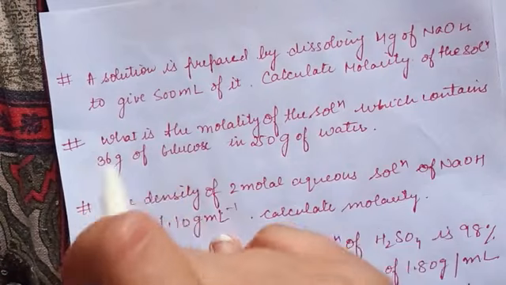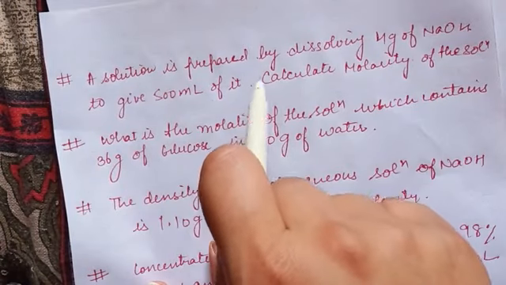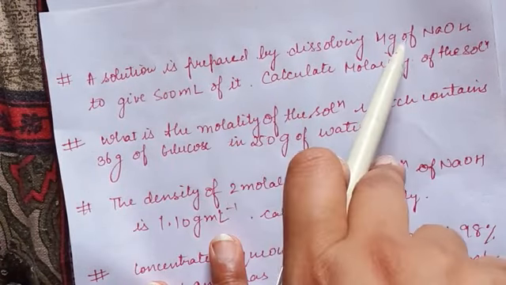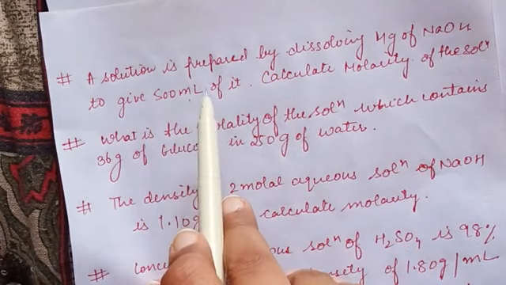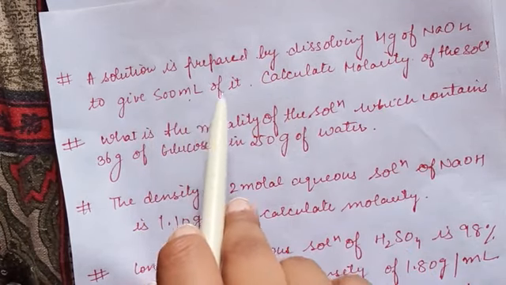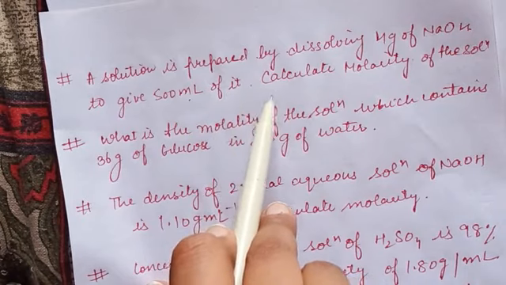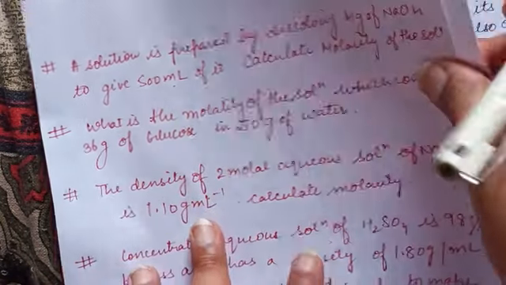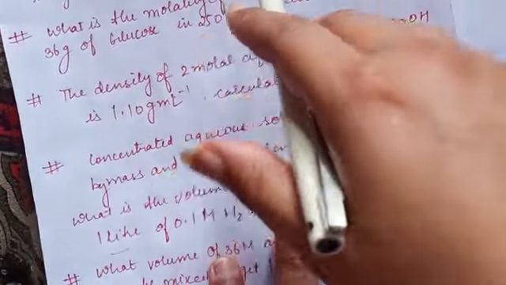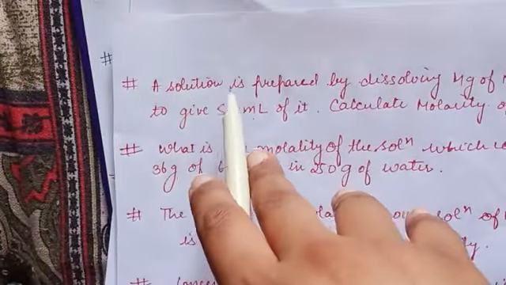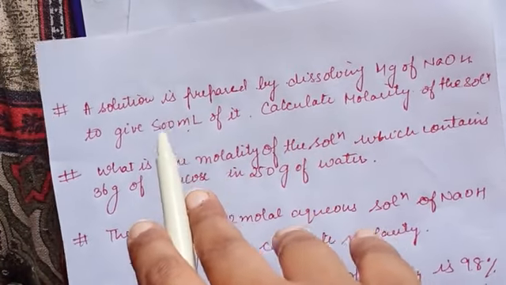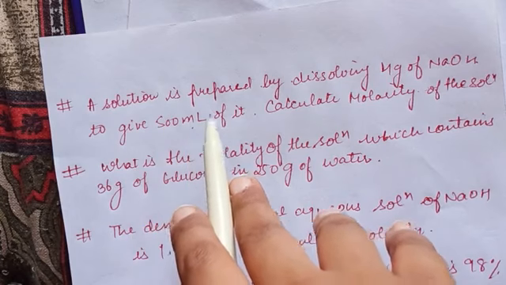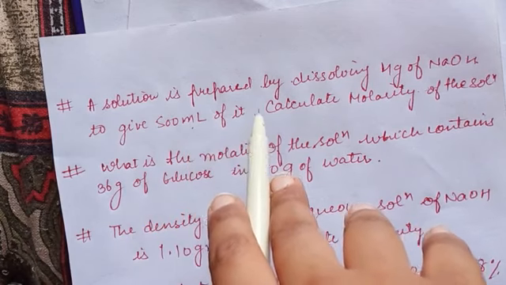Okay, now the next is, a solution is prepared by dissolving 4 gram of NaOH to give 500 milliliter of it. Calculate molarity. Now how to solve? See, once again we'll see. A solution is prepared by dissolving 4 gram of NaOH to give 500 ml of it.